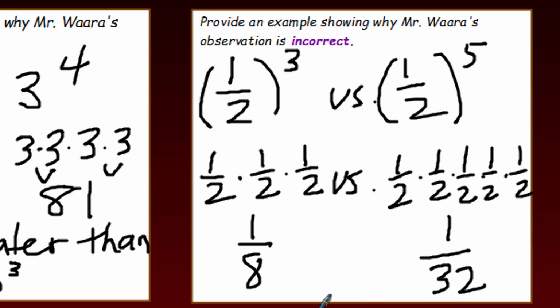When you go to the pizza parlor, kids love pizza, and if it's divided into 8 pieces, you know how big it's going to be. But if you divided that same pizza into 32, you'd end up with some pretty small slices. Therefore that makes that number smaller. And look, it had the larger exponent. So in this case, 1/8 is greater than 1/32.